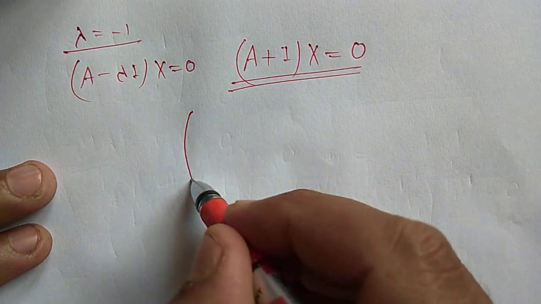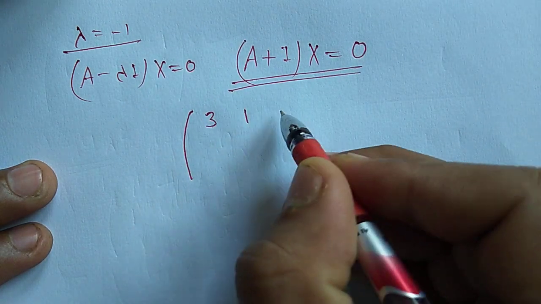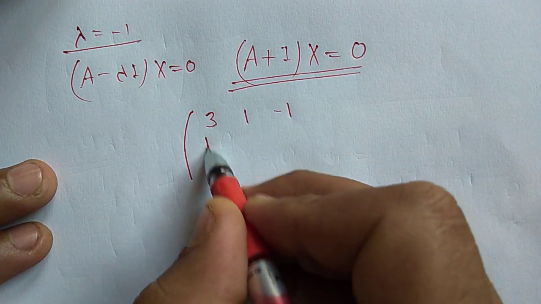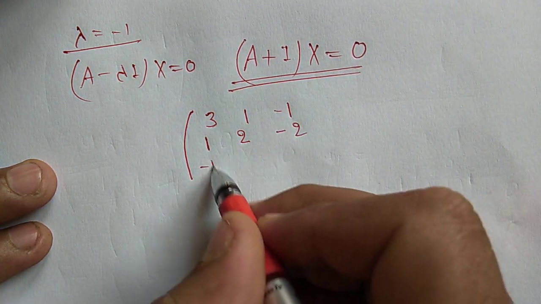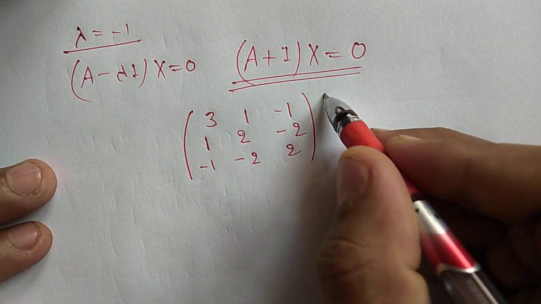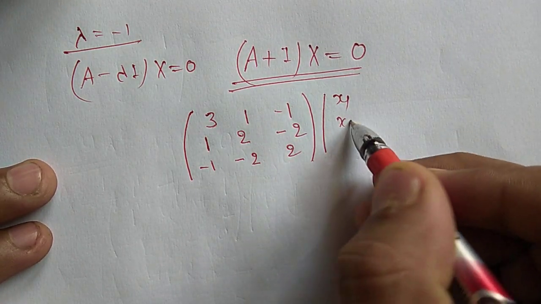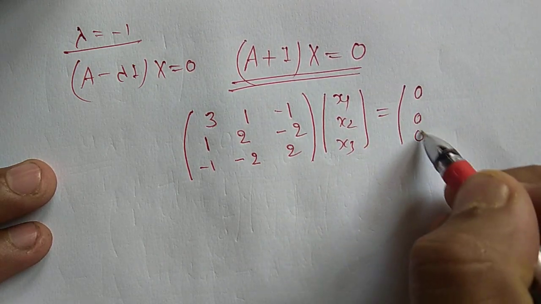The matrix A plus I will be 3, 1, minus 1; 1, 2, minus 2; and minus 1, minus 2, 2, times x1, x2, x3 equal to 0, 0, 0.